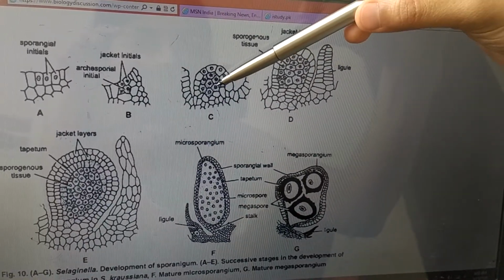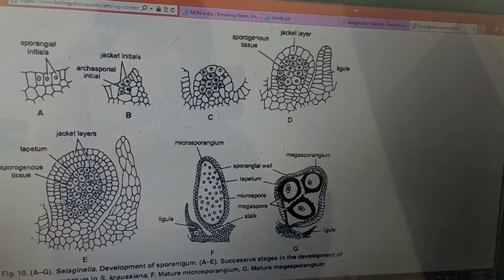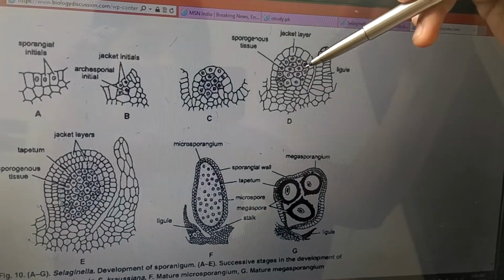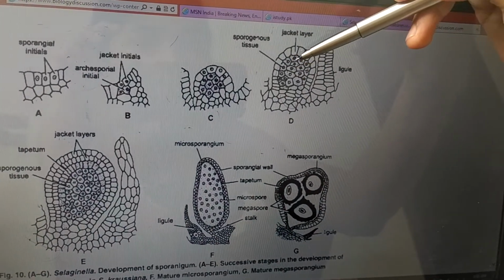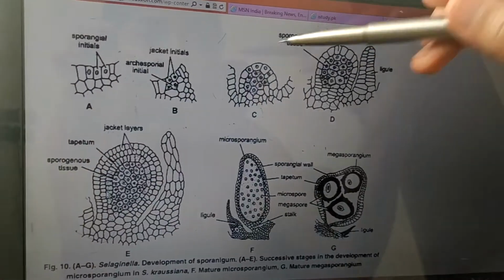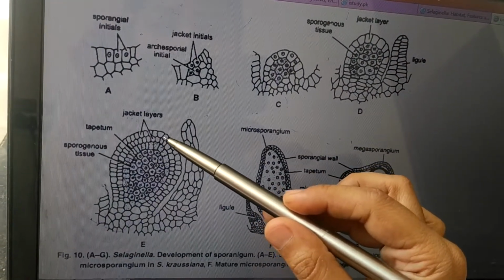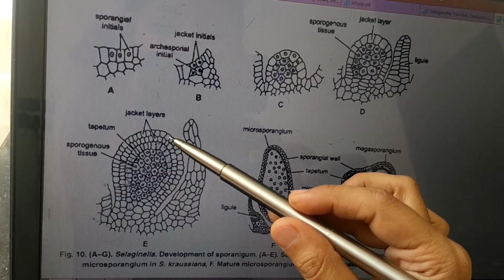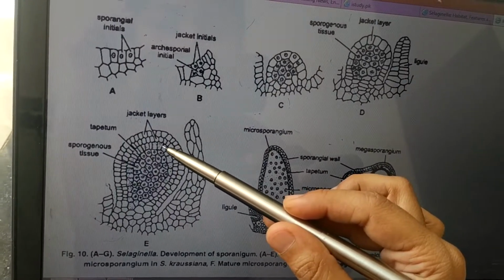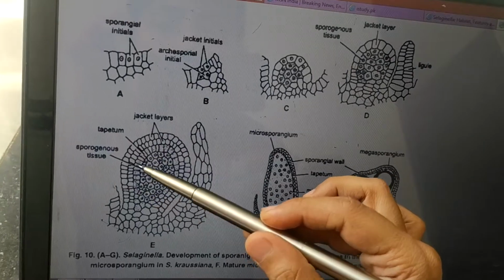Now this archesporial tissue divided in all possible planes and led to formation of sporogenous tissue. The outermost layer of the sporogenous tissue differentiates into what is called the tapetum. So we have two outermost jacket layers, and next to the jacket is a layer called tapetum.